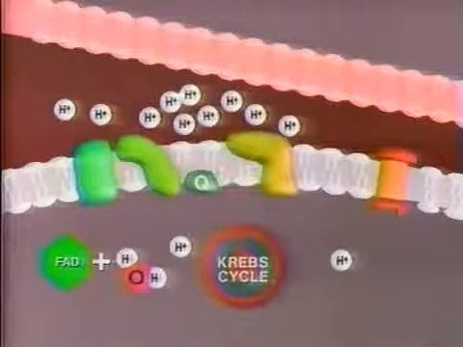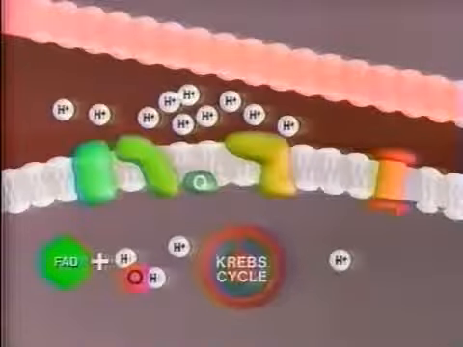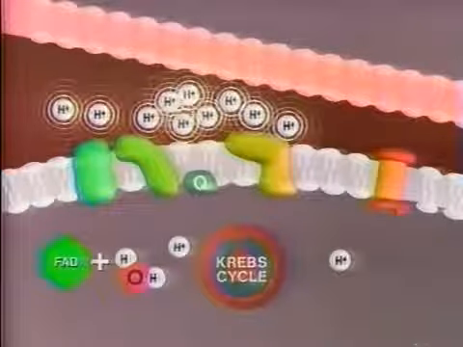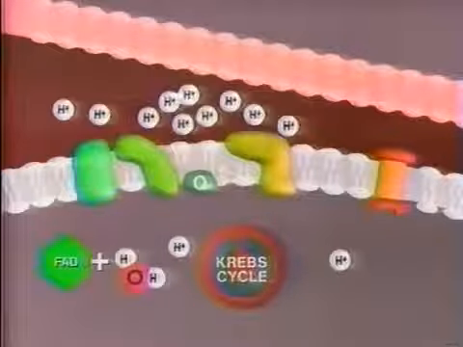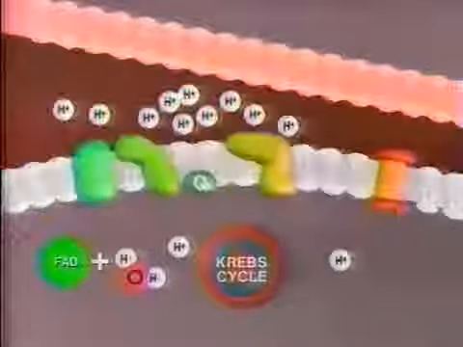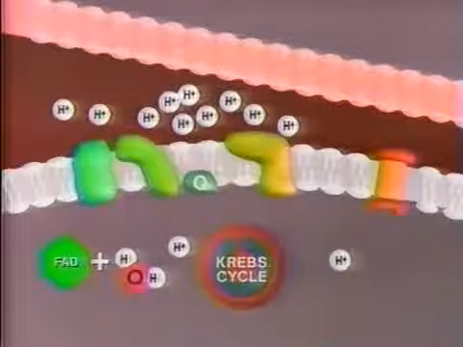This creates 2 types of gradients across the membrane: a concentration gradient of hydrogen ions and an electrostatic gradient. These gradients hold potential energy that will be used to synthesize ATP.